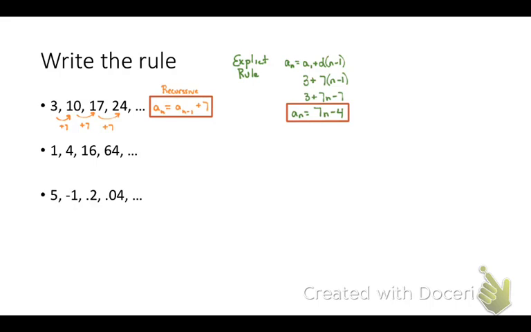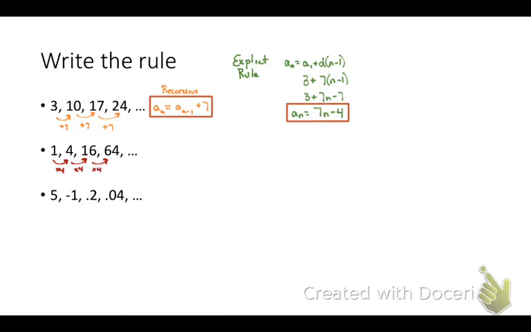So whatever we're adding or subtracting by, whenever we write the explicit rule, that's what should be the common difference. Same way, what are we doing to go from one term to the next? From 1 to 4 to 16 to 64, what are we doing to get the next term? Multiplying by 4, right?